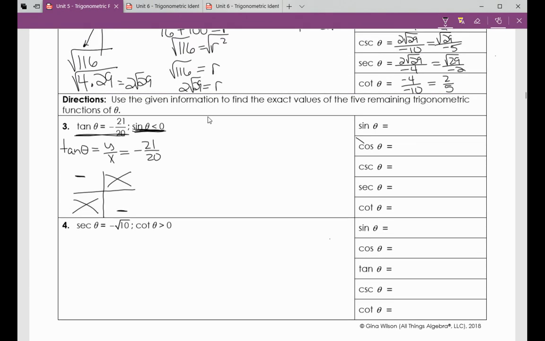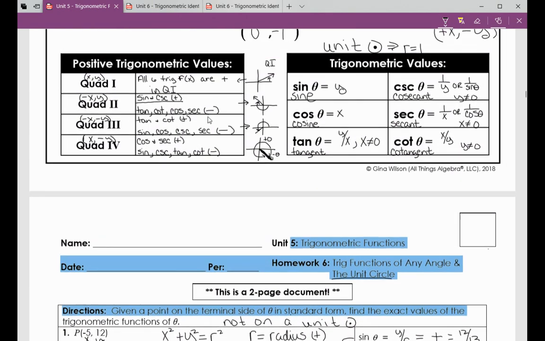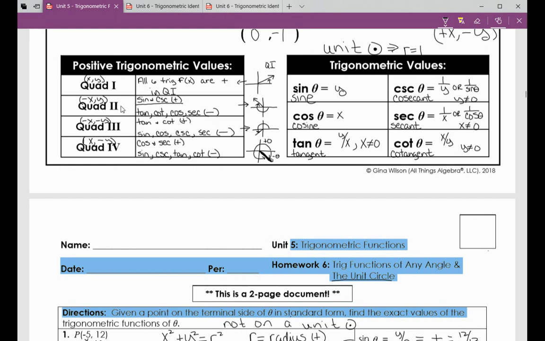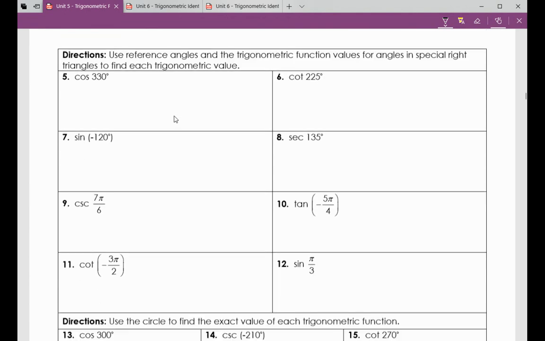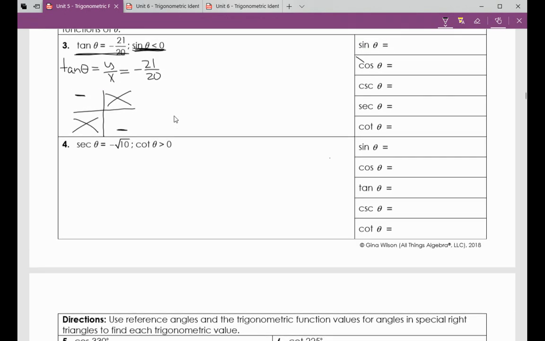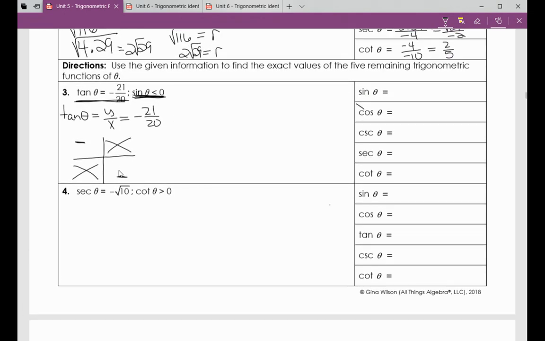So when I go back and look at my table, in second quadrant, sine is positive, but in fourth quadrant, sine and tangent are both negative. So my angle, where'd it go? There it is, falls in this quadrant.